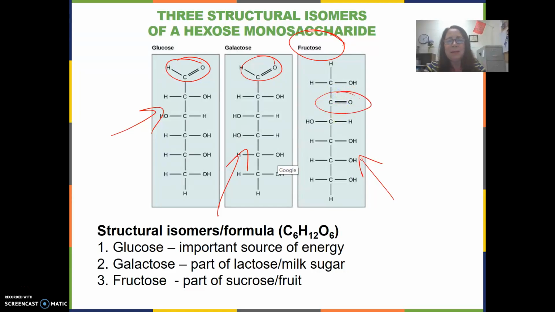All of these, glucose, galactose, and fructose, are examples of monosaccharides, and they contain 6 carbons, so they are hexoses. Many times they form a hexagon shape. Glucose is blood sugar. Galactose is a monosaccharide that helps to form lactose found in milk. And fructose is a sugar found in sucrose in fruit.